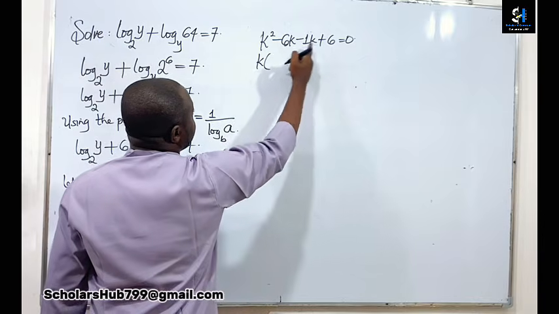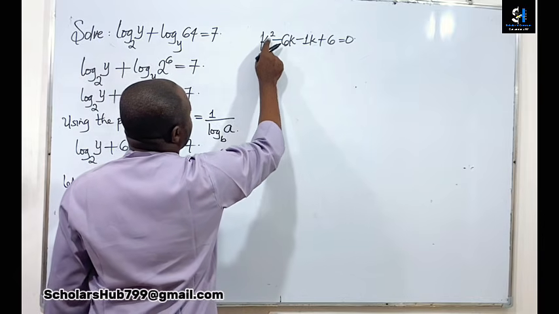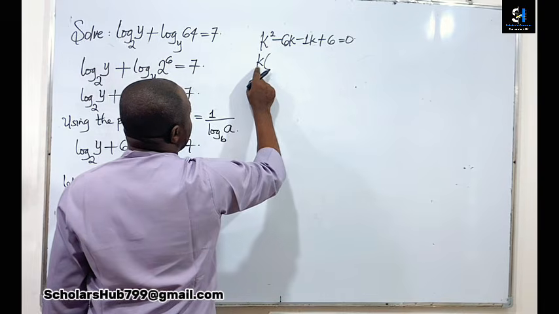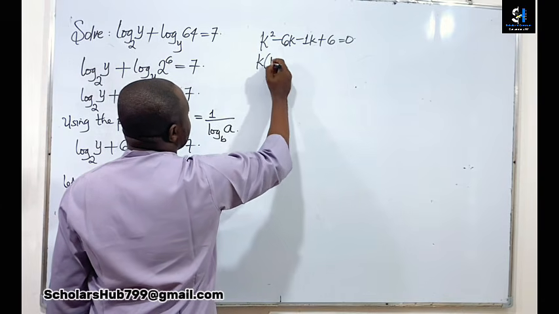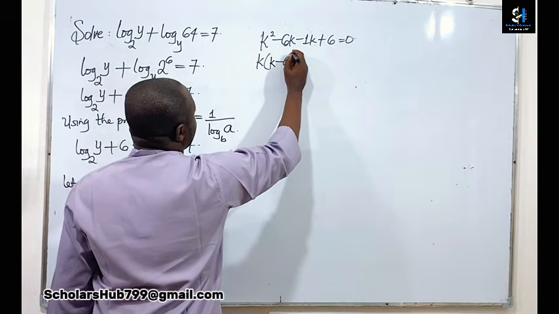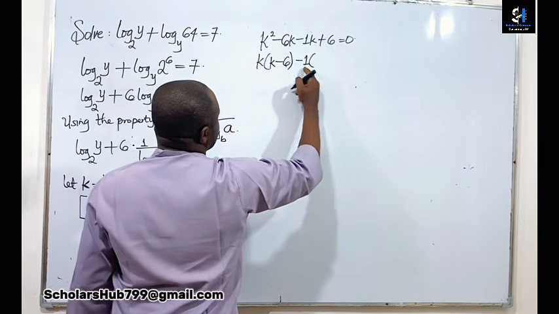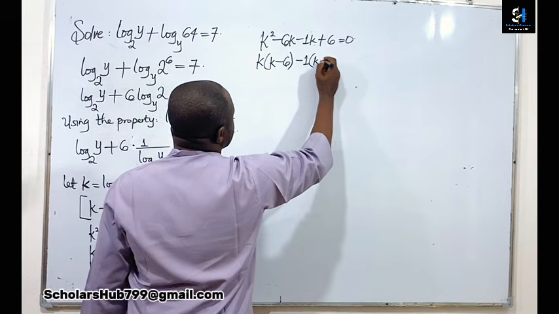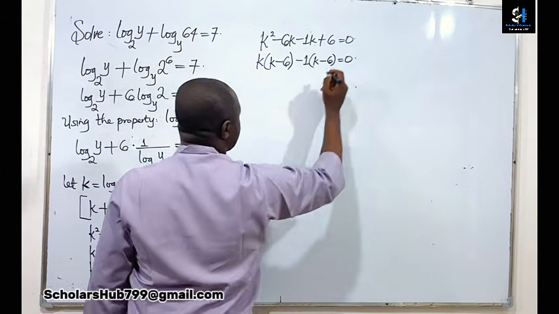To write this in factored form, I'm going to divide this by k. K squared divided by k will be k, minus 6k divided by k will be minus 6. Then this will be -1 parenthesis k minus 6 equals 0.